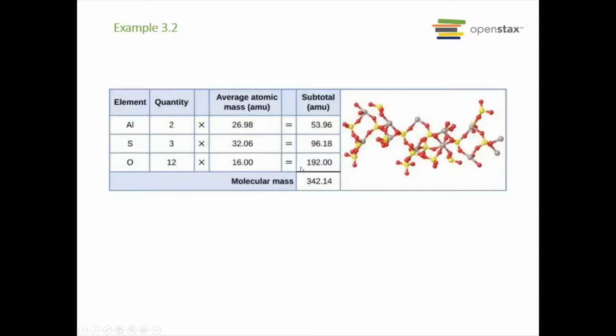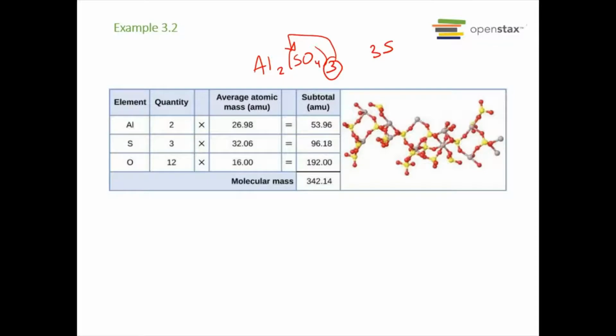Here is another example. This guy is aluminum sulfate, and it has the formula of Al2(SO4)3. So this has a polyatomic ion, and when you're doing these formula masses with polyatomics, you see that there's 3 SO4s, which means that we have 3 sulfurs.